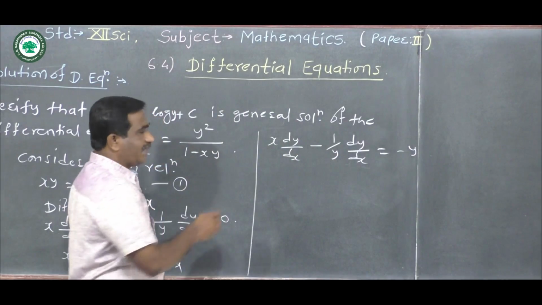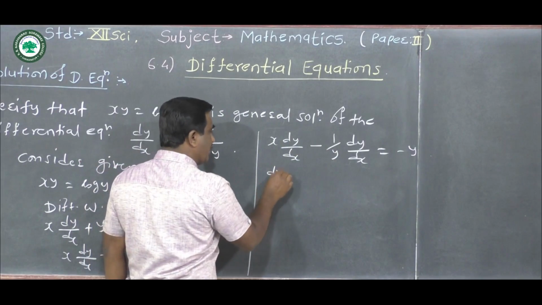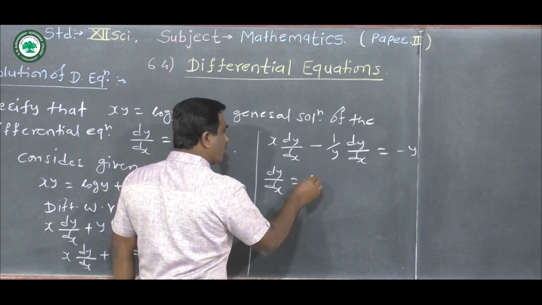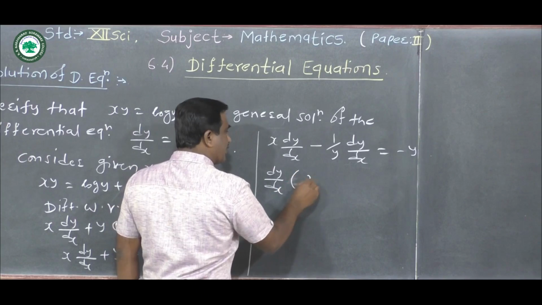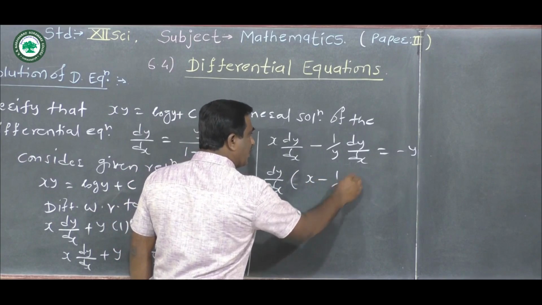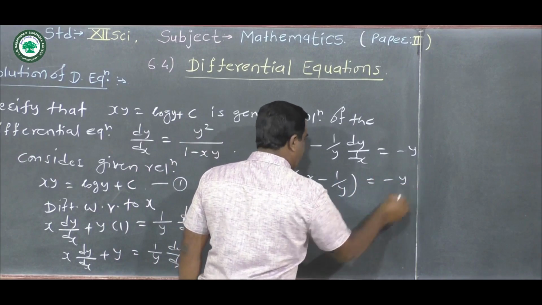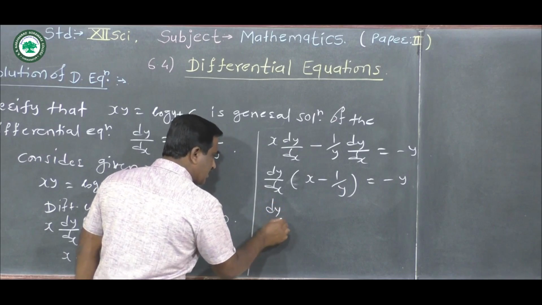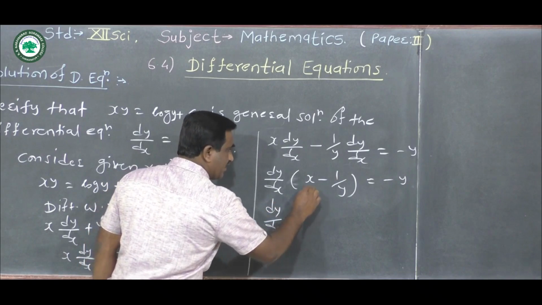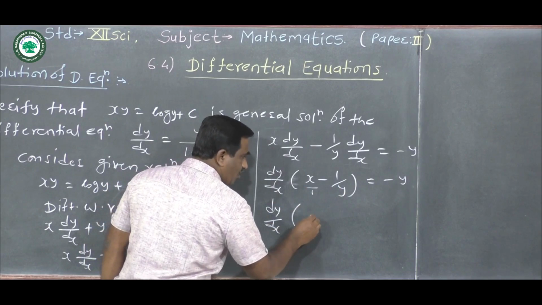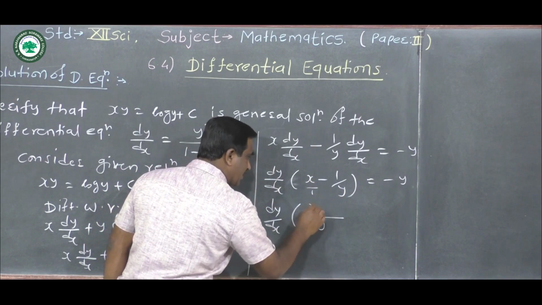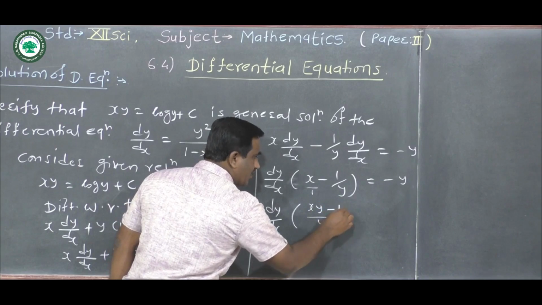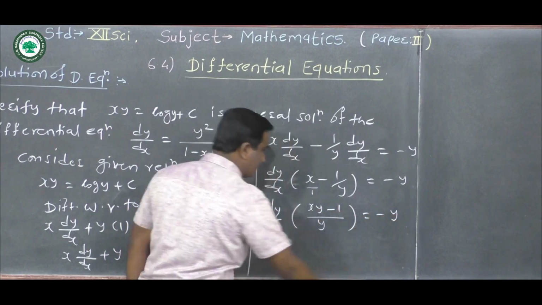Now taking dy by dx common, dy by dx into bracket x minus 1 upon y is equal to minus y. That is dy by dx into, taking the addition of two fractions, xy minus 1 upon y, is equal to minus y.